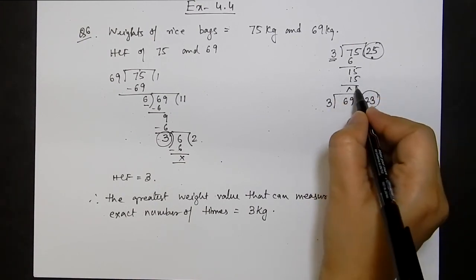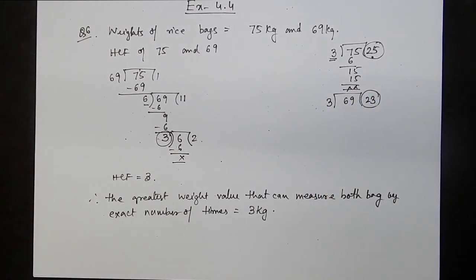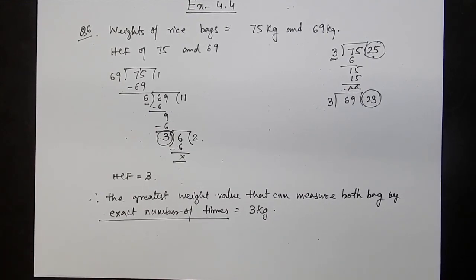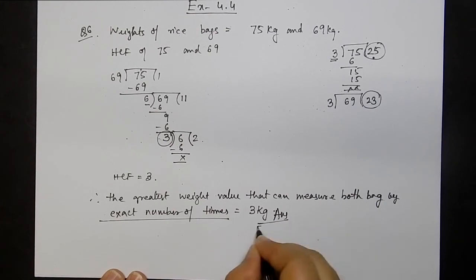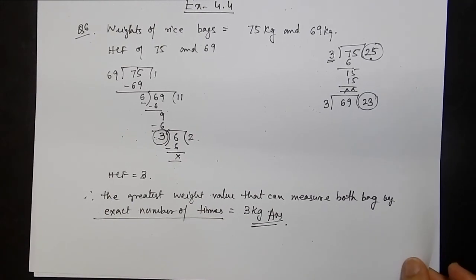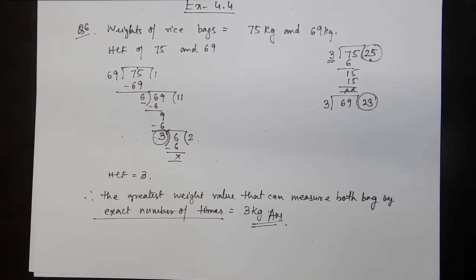So there is no remainder in any of the cases. So that is the meaning of exact number of times. So your answer is 3 kg. With this we have come to the end of exercise 4.4.